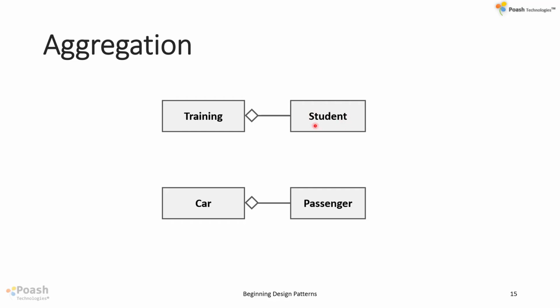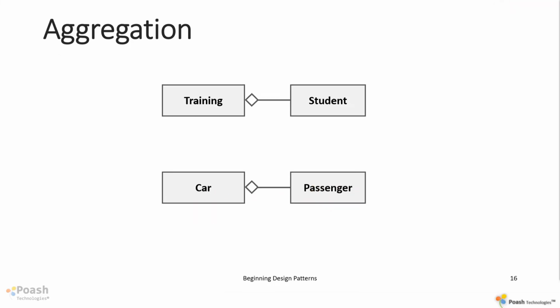Because the student instance may be used by some other training instance. So the training instance does not own the student. In case of composition, the container owns its contents. In the next example, car aggregates passenger. So when the car instance is destroyed, the passenger instance is not destroyed.